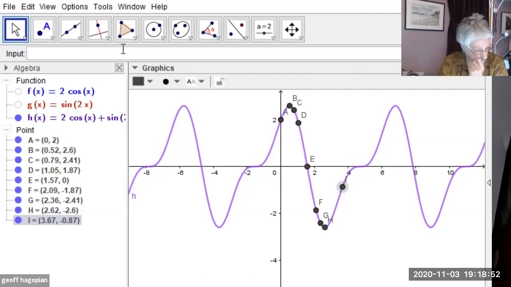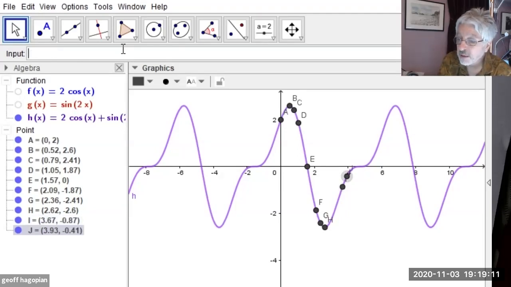And then 5 pi over 4, h of 5 pi over 4. Okay, there's that point. You see it? And then 4 pi over 3.